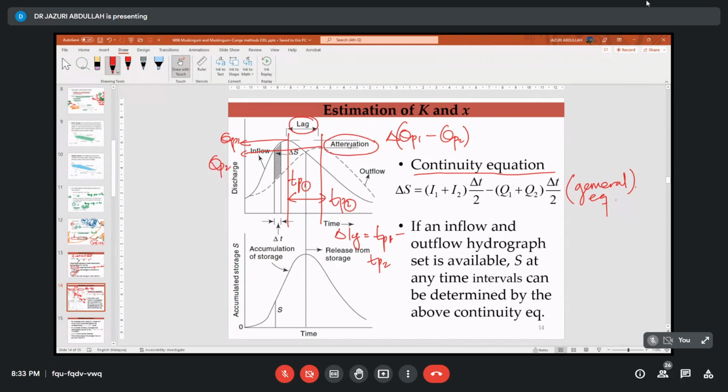Q dia tinggi. Okay, so let's say kita ada satu channel. So let's say this is the maximum Q. Q max. Let's say you akan dapat katalah 10 meter cube per second.